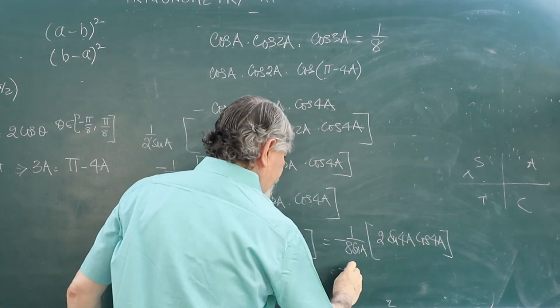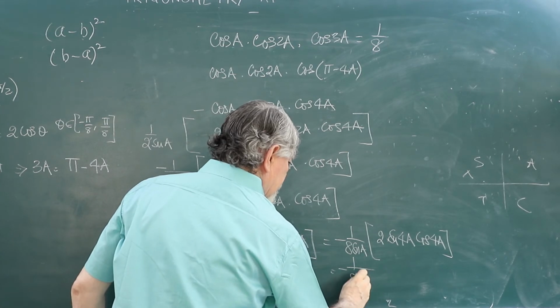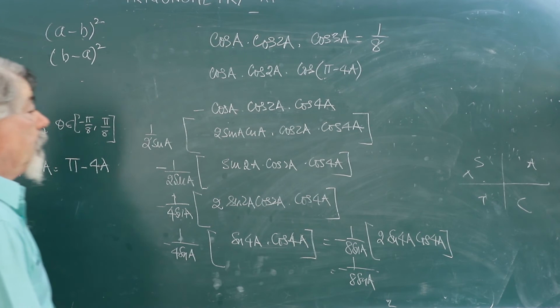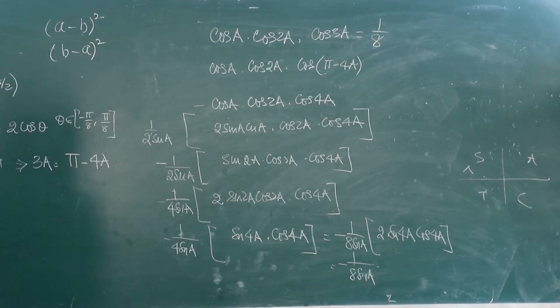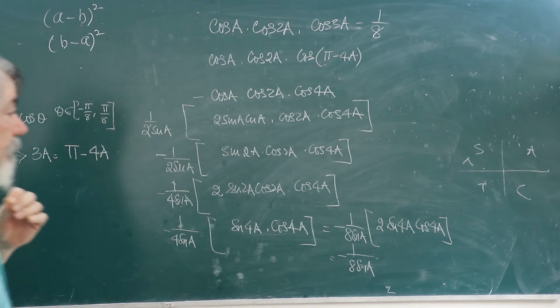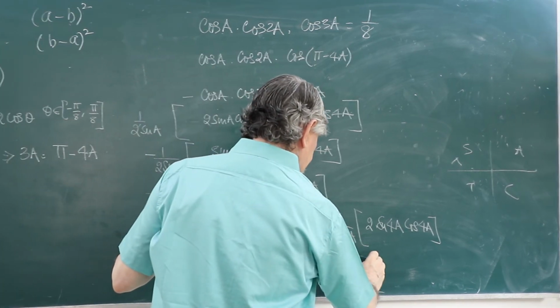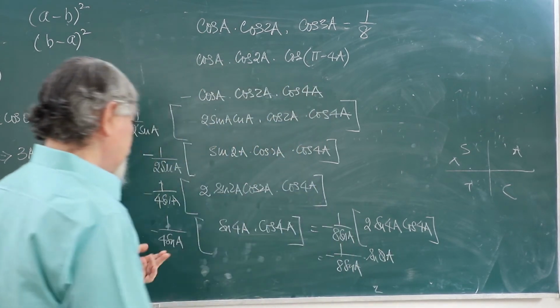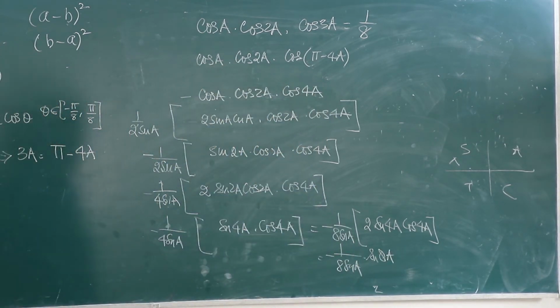So it will become minus 1 upon 8 sin A, and 2 sin 4A cos 4A will become what? It will become sin 8A.